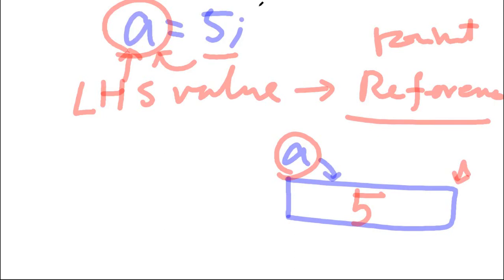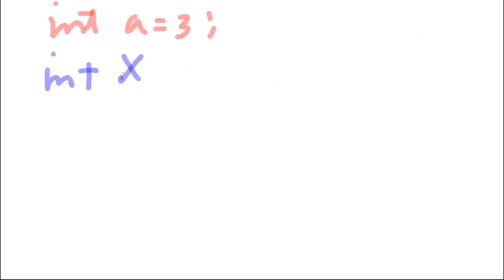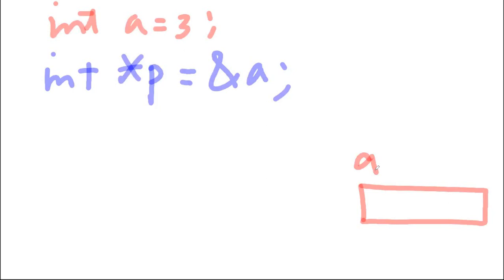Now the third one. If we have integer a equals 3, and then we also have integer star P equals address of A, what does this mean? The first one, the red one, we declare a variable with address 1F3B, something like that, and we put a value 3 over there.